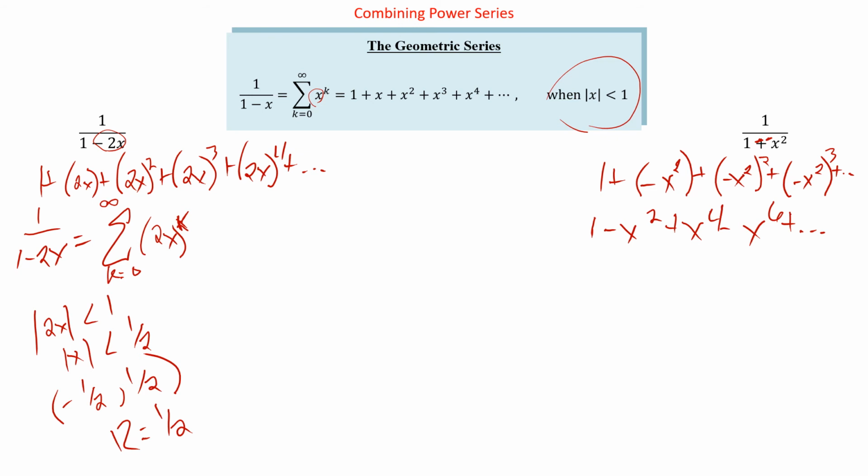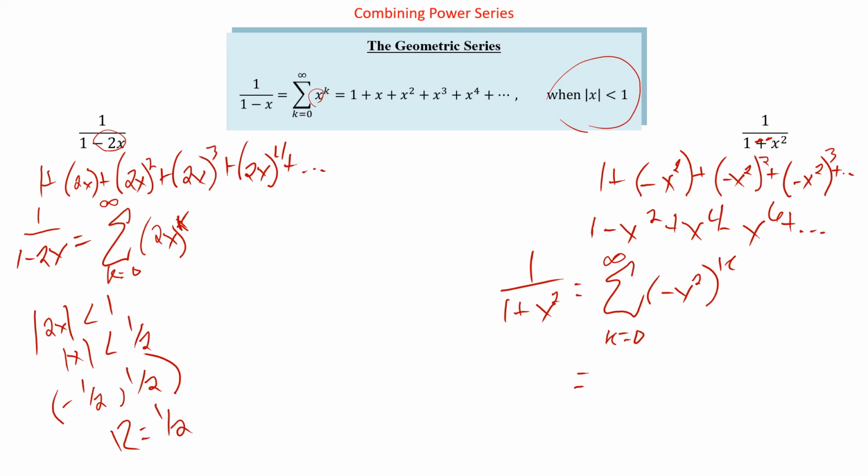We can take that negative x squared and plug it into the summation. 1 over 1 plus x squared will equal the sum from k equals 0 to infinity of negative x squared to the k, which we could simplify.